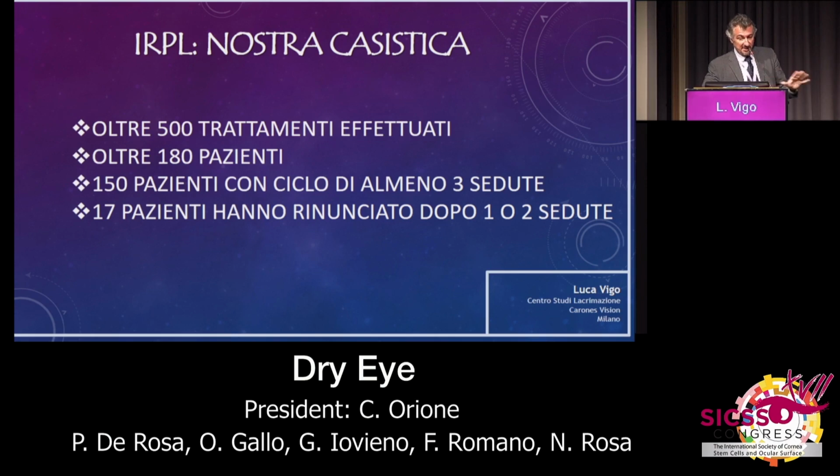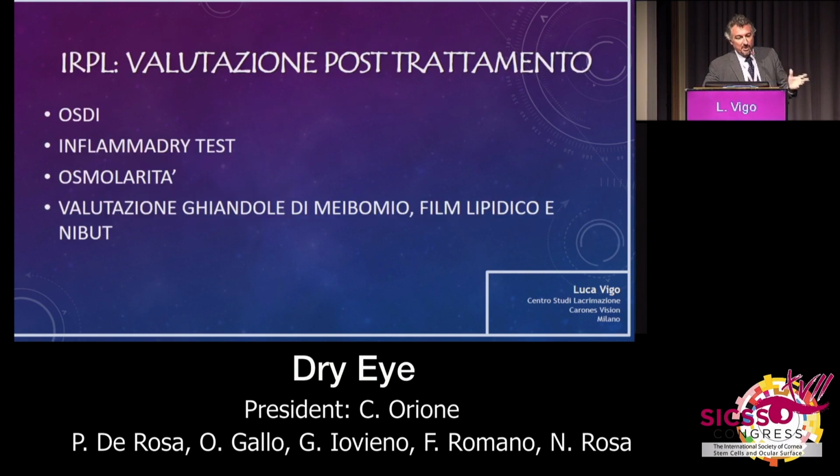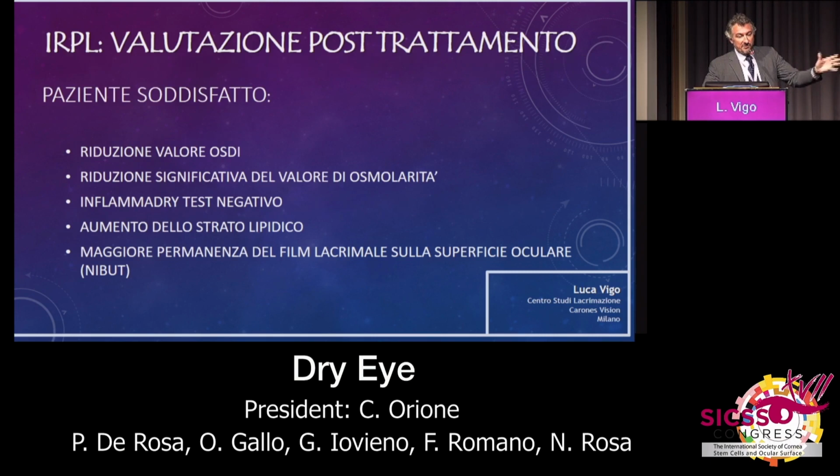So this is our case series, over 500 treatments, and 150 dropouts, but 77% of patients were very happy, and you may see here the satisfaction rates. These are the questionnaires, and so the inflammatory test, osmolarity, and so on and so forth.